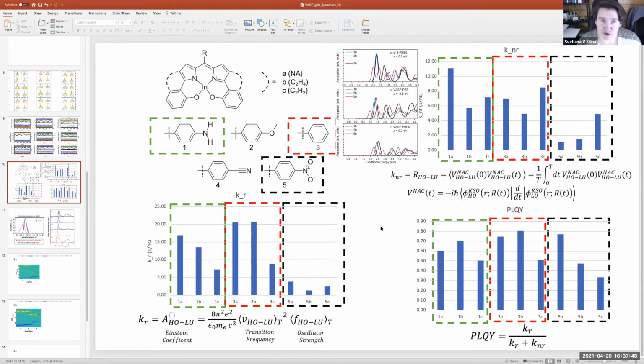But then we have reduced quantum yield, reduced emission. And it's not just because the non-radiative pathway is increased in this case, but the radiative one is reduced as well, right?